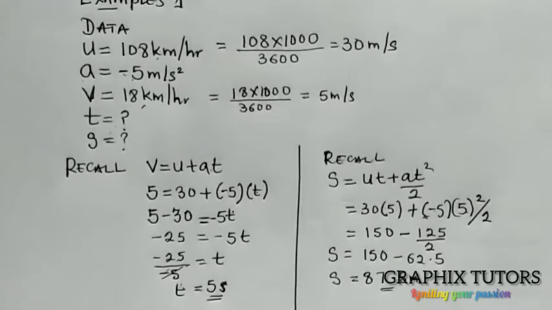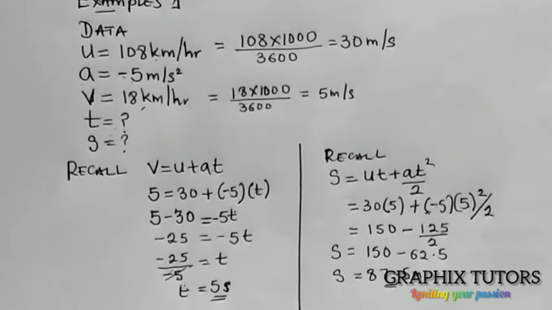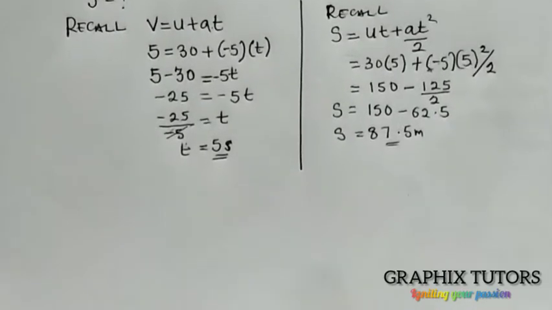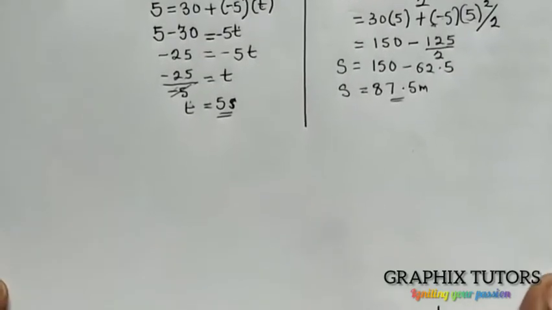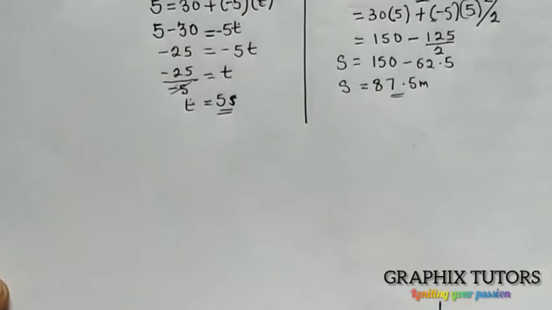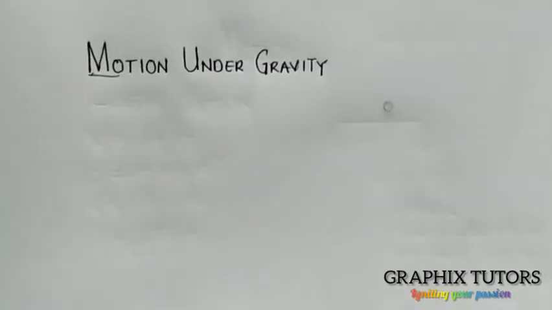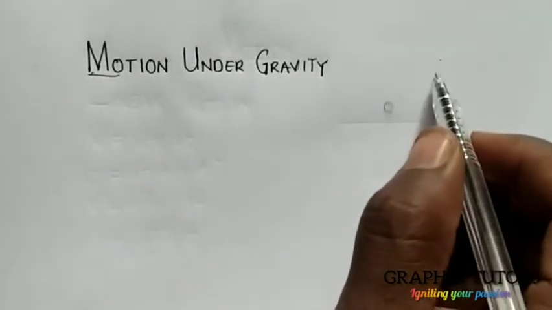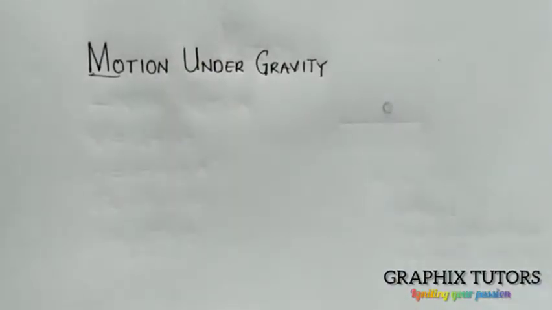Motion under gravity. So move forward, and we're going to deal with what? Motion under gravity. Right? Now, in this case, we're talking about an object falling, just like I explained earlier.